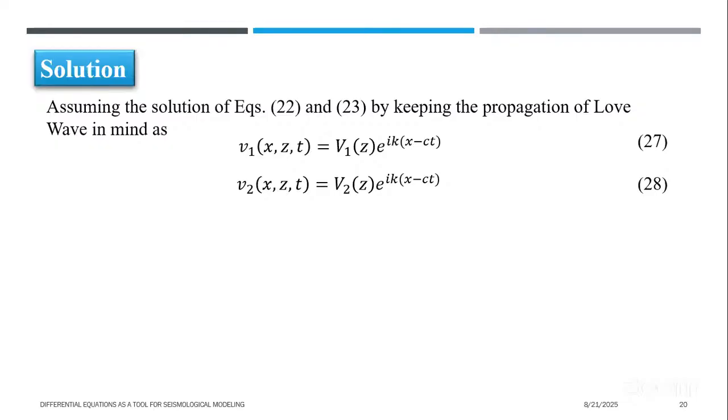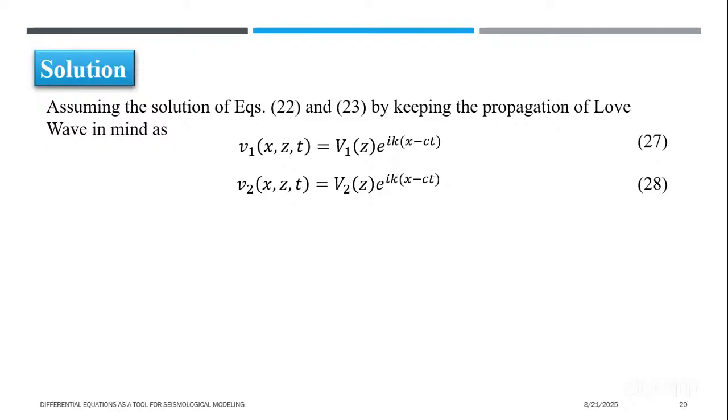Because of that, e to the power i(kx minus ct) appears. This Love wave is progressive in nature. It's not a stationary wave. It's a progressive wave, harmonic and sinusoidal in nature. Because of that, the e to the power i(kx minus ct) term occurs in the solution of such governing equations.